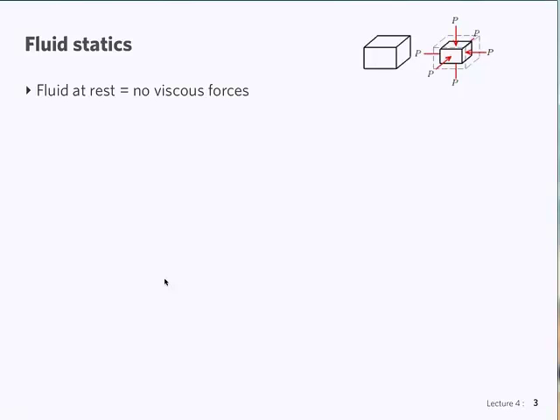That's the basic premise. And so if there are no viscous forces, the only force that is at play is the forces due to pressure. Of course, weight as well. But the only surface forces are those due to pressure.